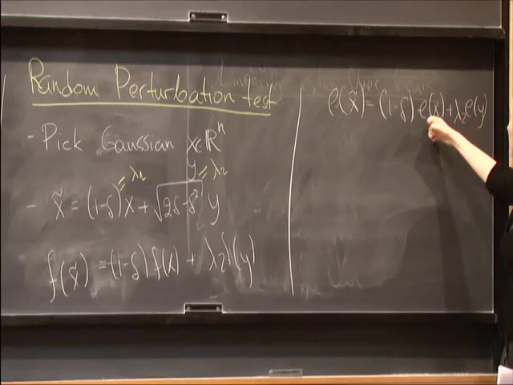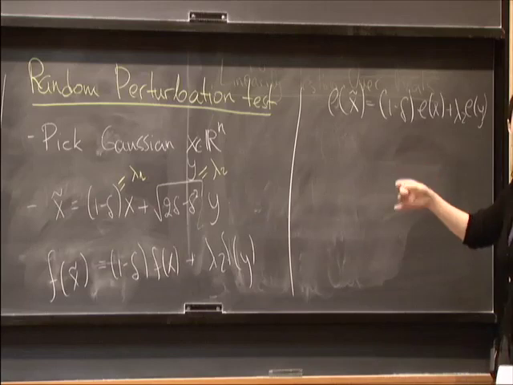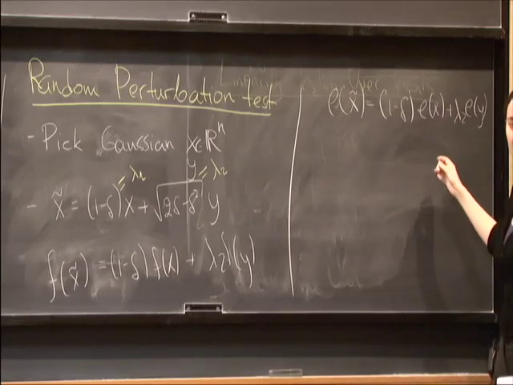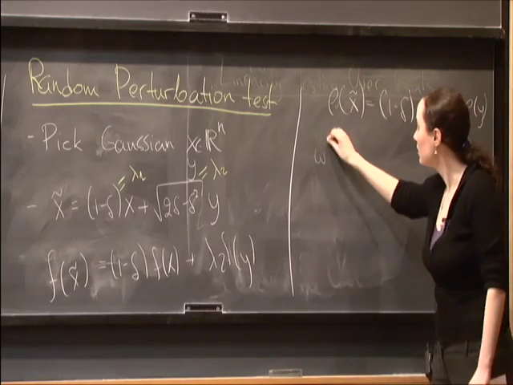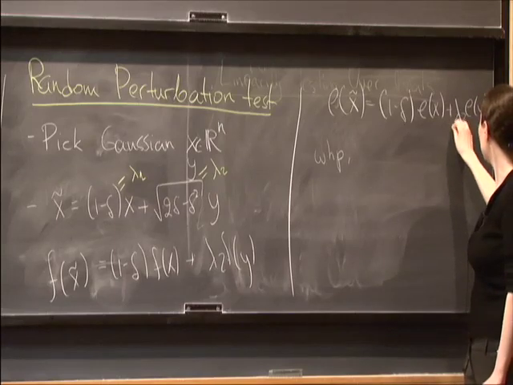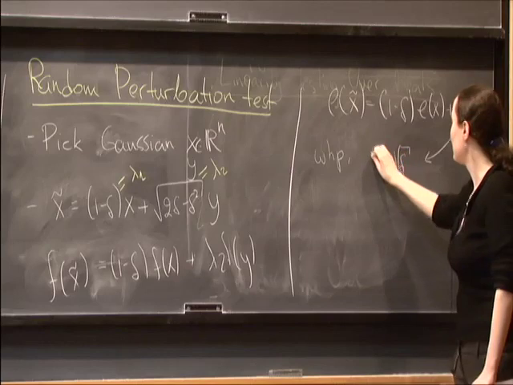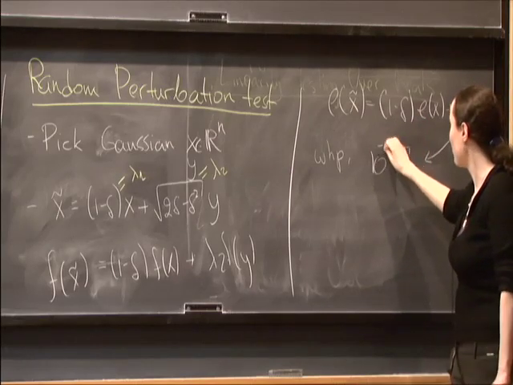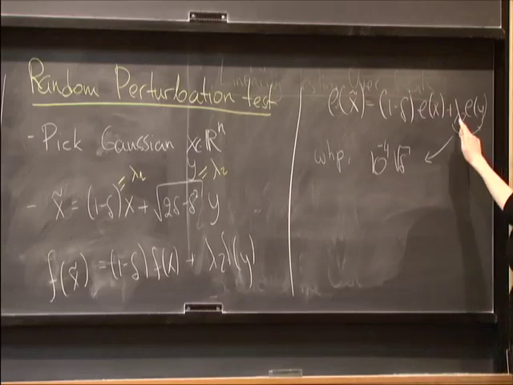Now recall that we know that the E's are some very small constants with high probability, because we have this bound on the norm of E. So with high probability, we get that this thing is some 10 to the minus 4 square root delta, because this is of the magnitude of square root delta.